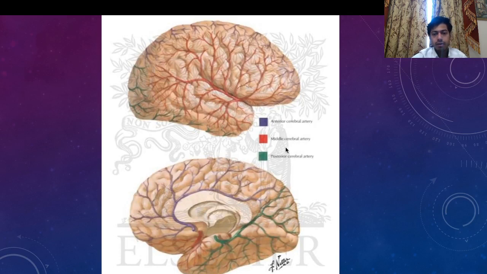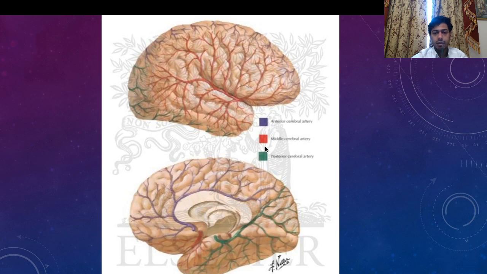So the middle cerebral artery is providing blood supply to the inferior aspect of the frontal lobe, and mainly the latero-anterior aspect of the cerebrum, as we can see right here. Obviously, the temporal lobe here, large parts of the frontal lobe, and also the parietal lobe.